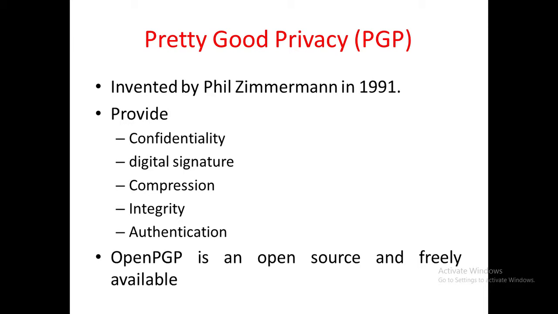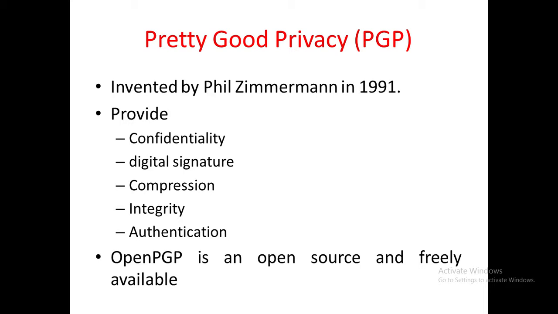So we can see that Pretty Good Privacy is famous for email security. What are the features we want to see in detail? It will provide confidentiality, authentication, digital signature, as well as compression, and integrity by using Pretty Good Privacy.